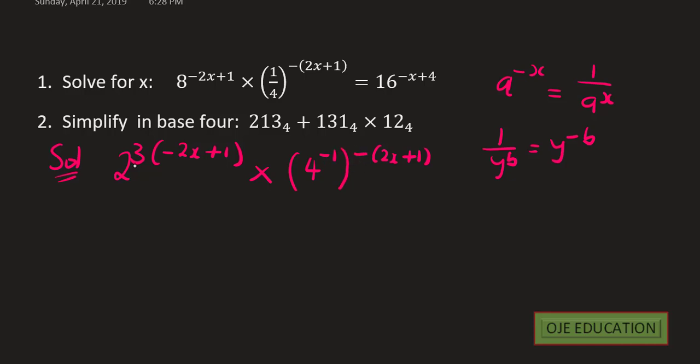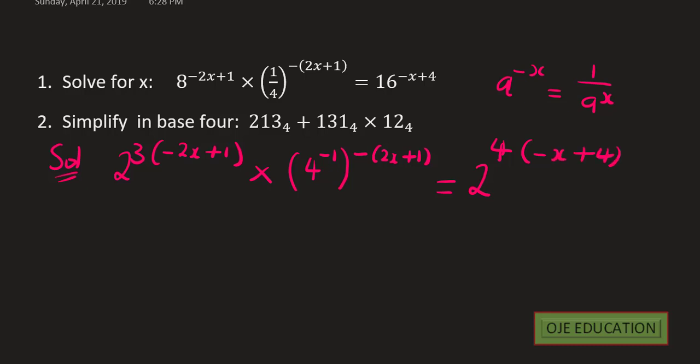So now let's remove this. Now this becomes equals to 16 is 2 to the power of 4. So that will multiply into negative x plus 4. So this one is settled.